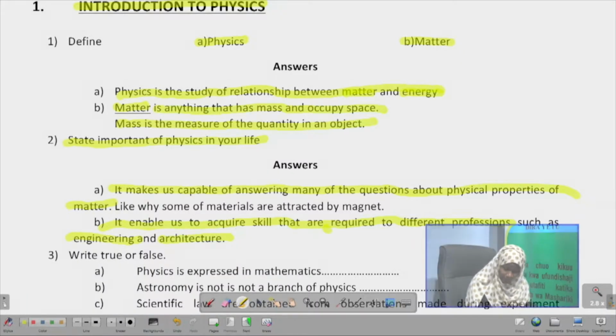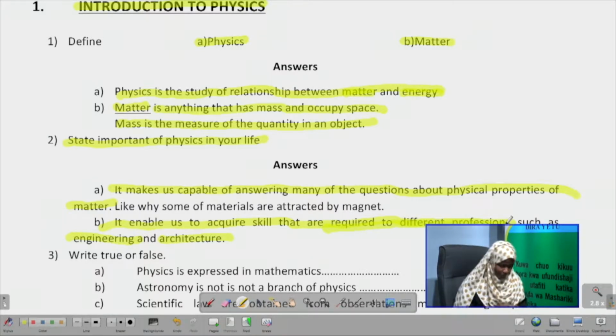So, in order to be an engineer, you should know physics, because in physics we are going to study about some principles and laws and how to create such infrastructures. So, in studying physics, you are able to acquire the skills that you require to different professions like engineering.